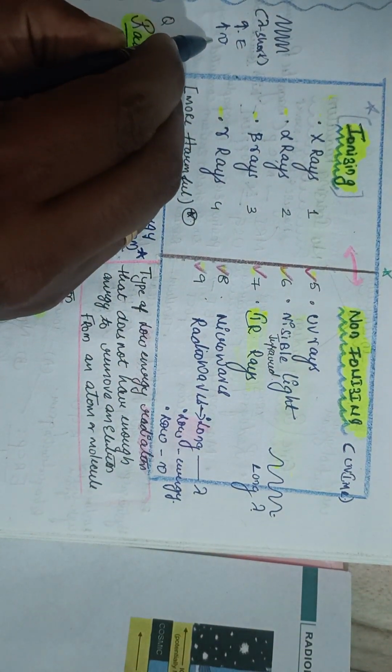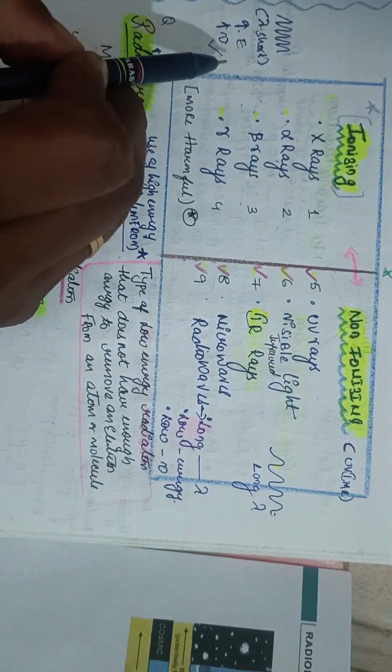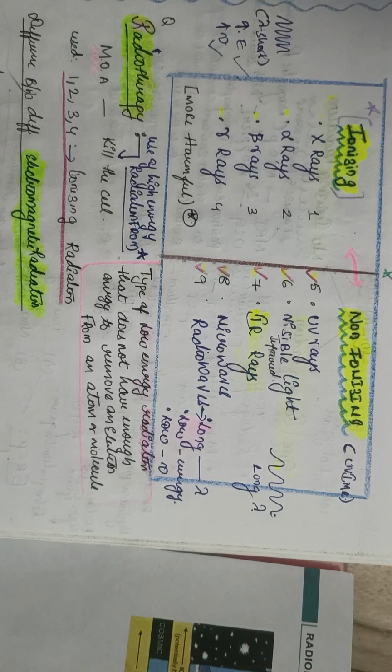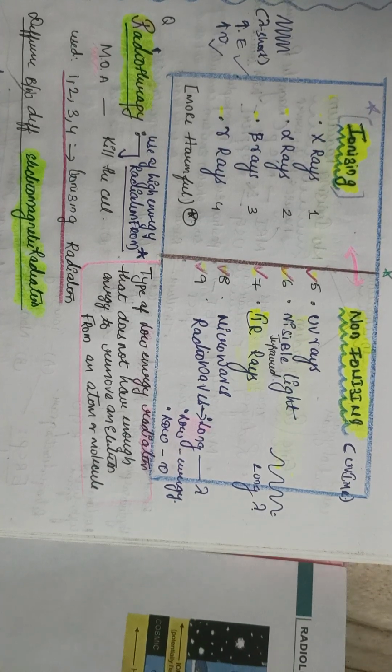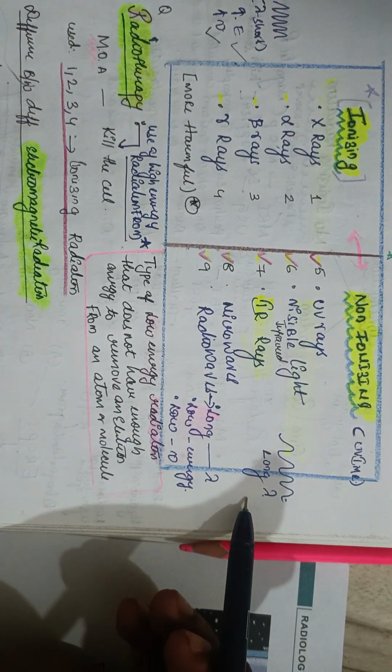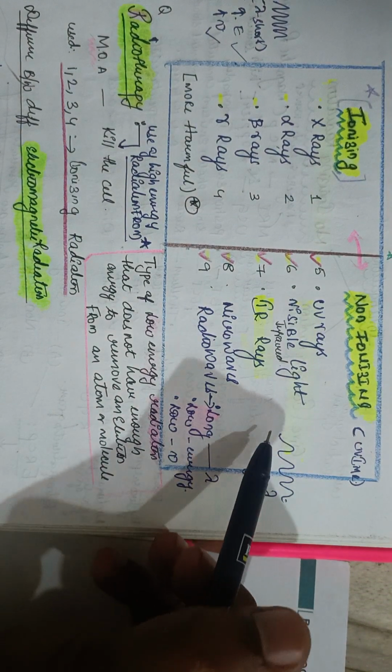When you have increased frequency, you have increased energy, that is, a short wavelength. Now, if you look at the non-ionizing examples, they have a long wavelength. Remember, they have a long wavelength.